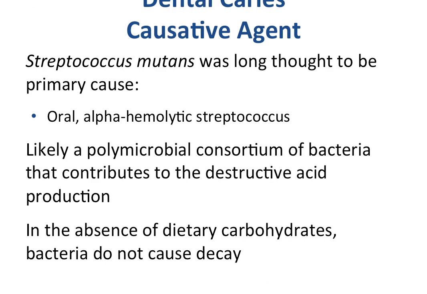Streptococcus mutans was thought to be the major bacteria causing this problem. Now scientists have found many bacteria can also cause the problem. The major cause that can induce bacterial overgrowth is sugar, carbohydrates.